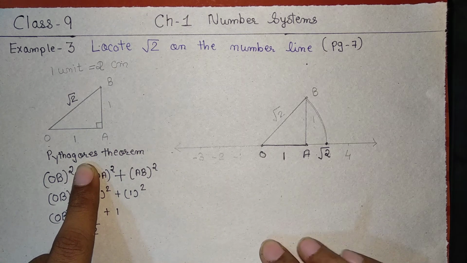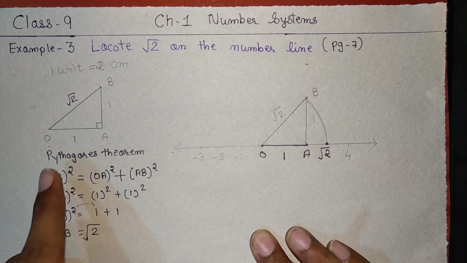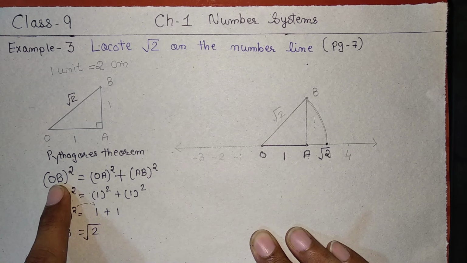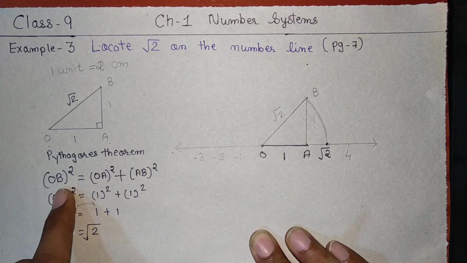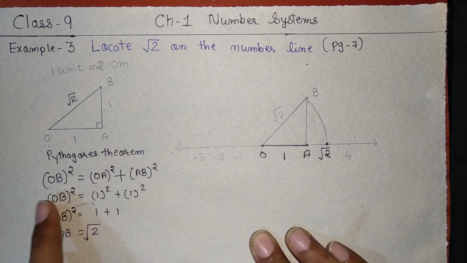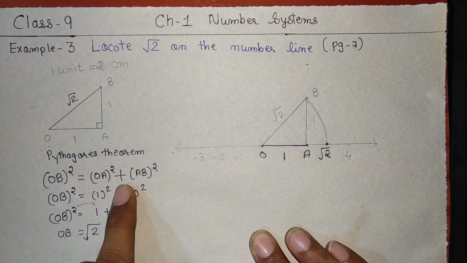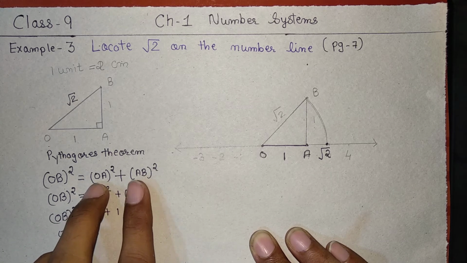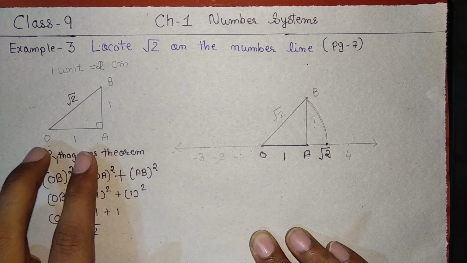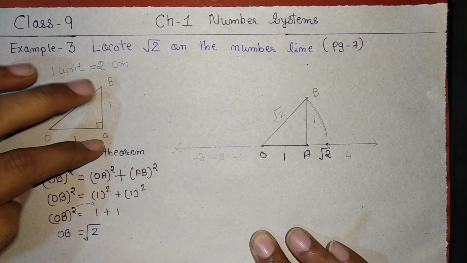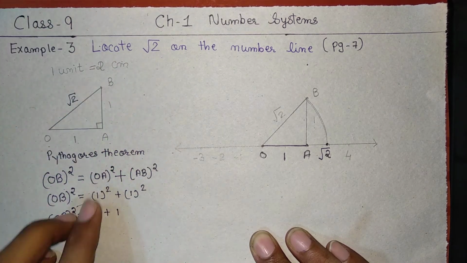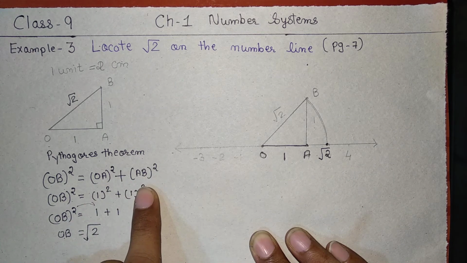What does Pythagoras theorem say? The square of the longest side. Which was the longest side here? OB was the longest side. So the square of the longest side, that is OB, is equal to the sum of the squares of the other two sides. Which are the other two sides? OA and AB.